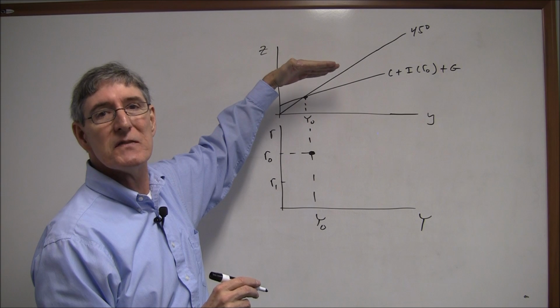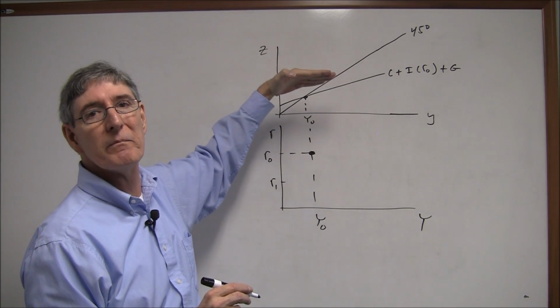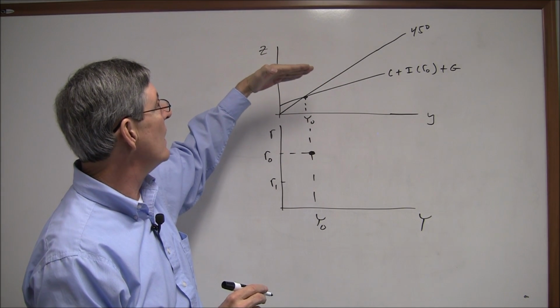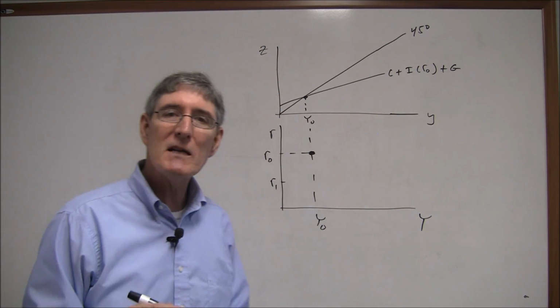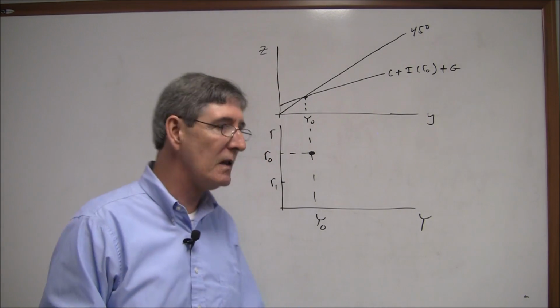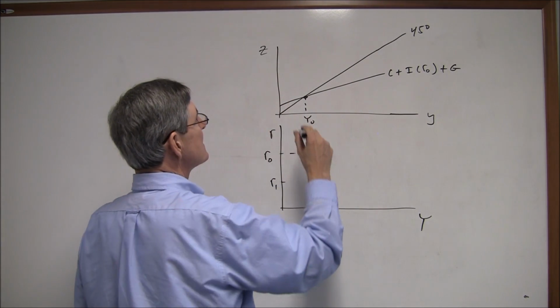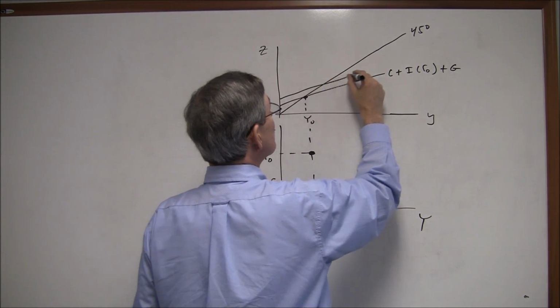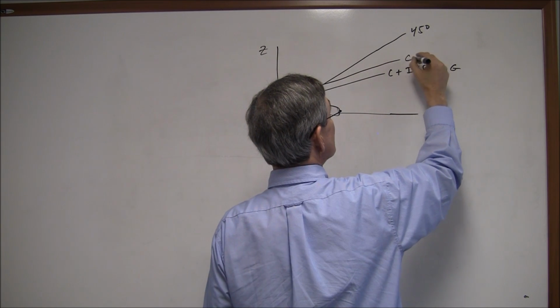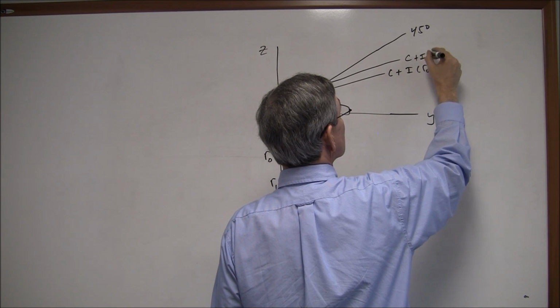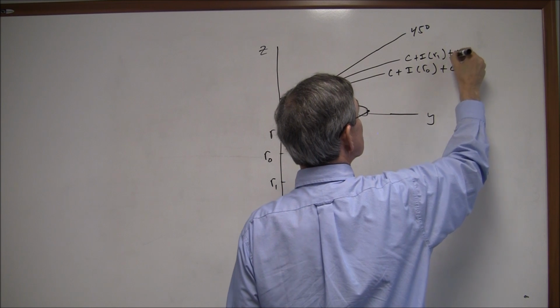And the reason it shifts up is because investment goes up. So if I of R were relatively small, if the response of investment to the interest rate is relatively small, this isn't going to shift up very far. And so in that case, it might only shift up to C plus I of R1 plus G.